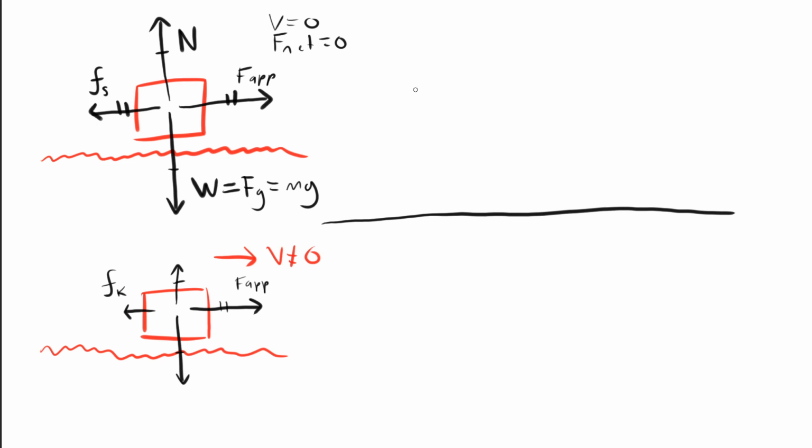Well, from previous videos that I've shown you, we should have seen that the force of static friction is equal to some weird little character that looks like this. Mu sub s times the normal force.